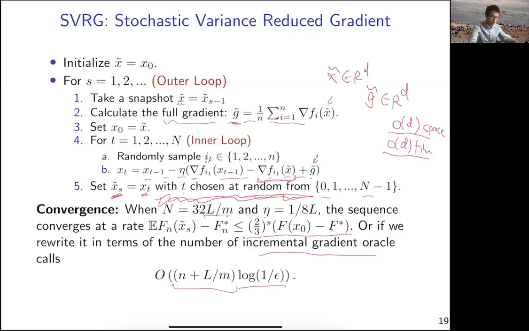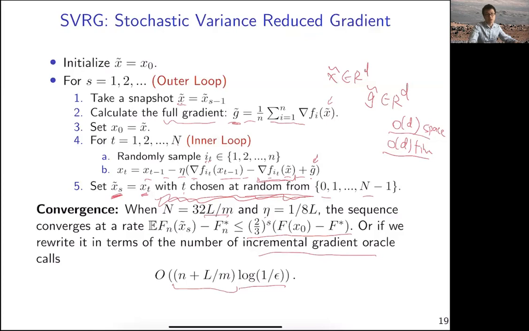We talked about the algorithm called SVRG, stochastic variance reduced gradient methods. And this is one of the many methods nowadays that deals with stochastic gradient descent for finite sum problems, which achieves faster convergence.